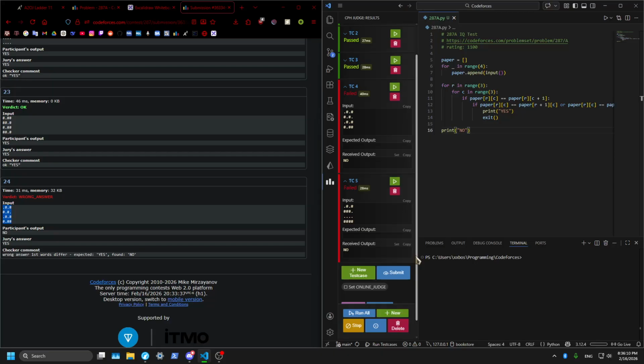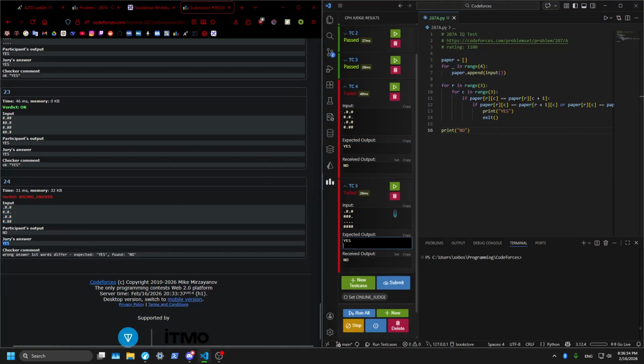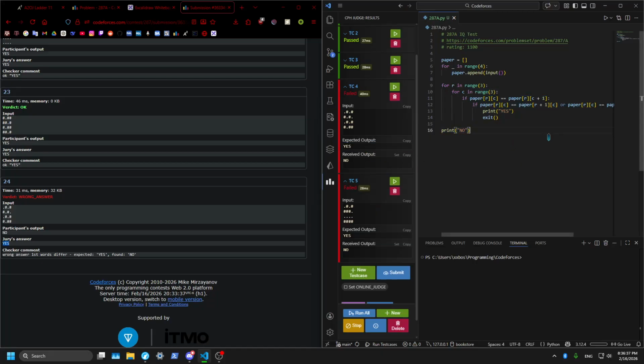This prints no. Expected output is yes. So the easiest fix is we just reverse it and check it again. Or we can duplicate the if statement to check for upper as well.